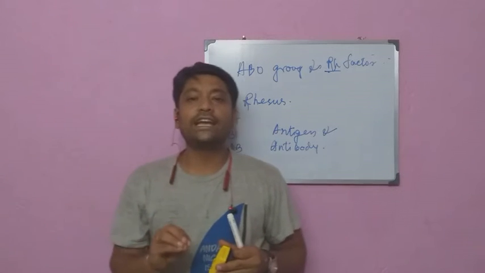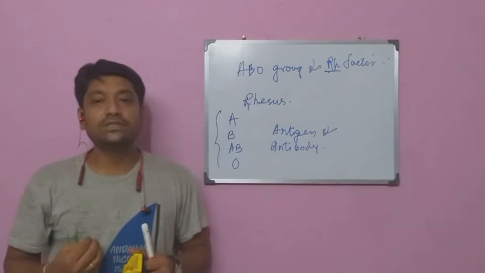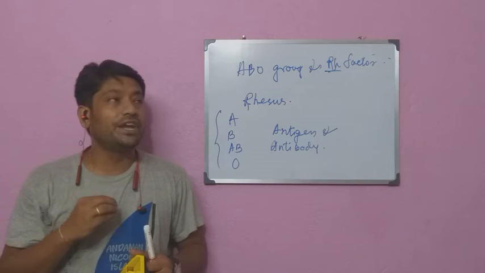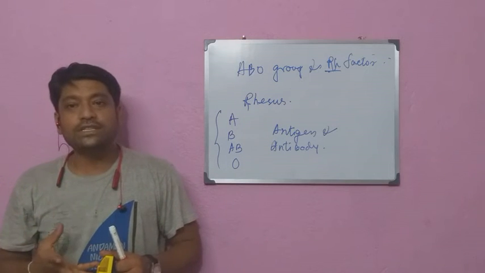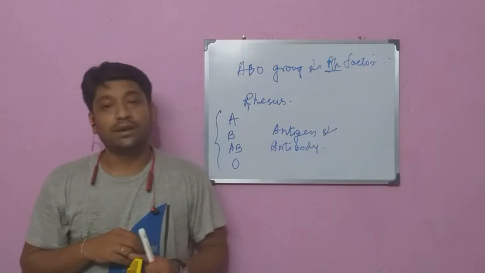Both antigens and antibodies are protein molecules, in which antigens are present on the surface of red blood cells, and antibodies are present in the plasma, which is involved in defending mechanisms.